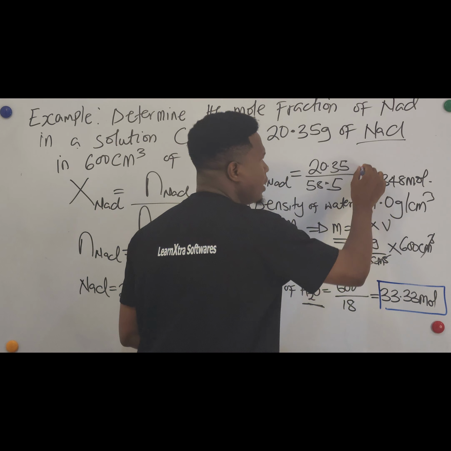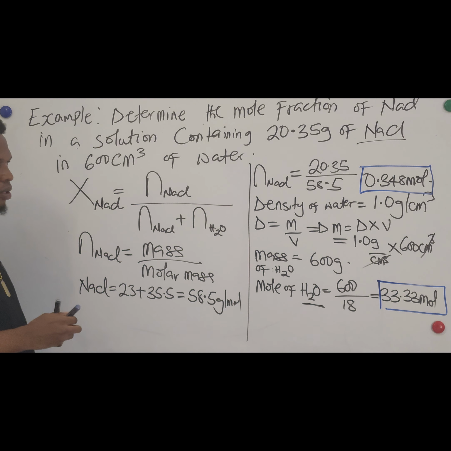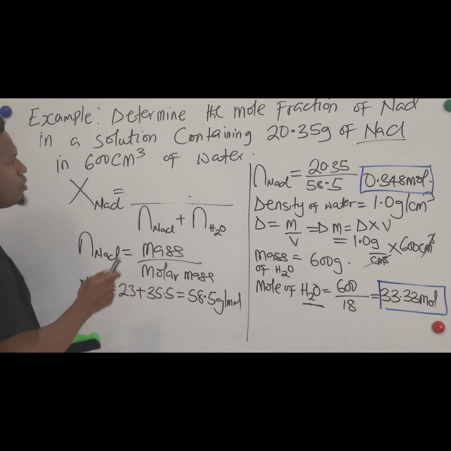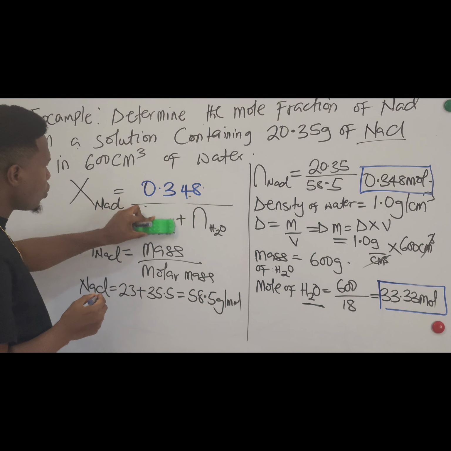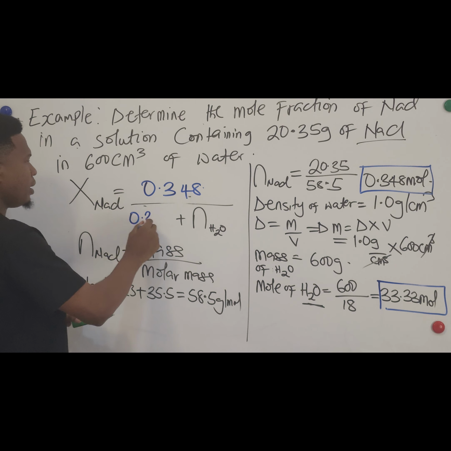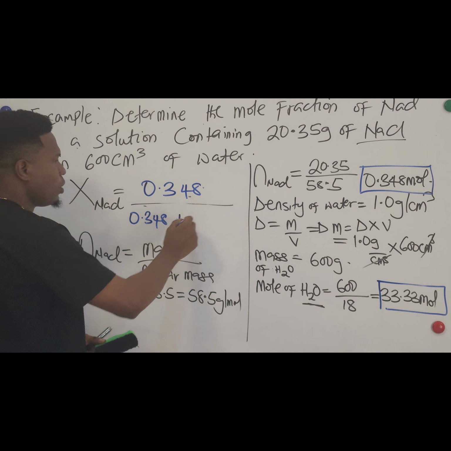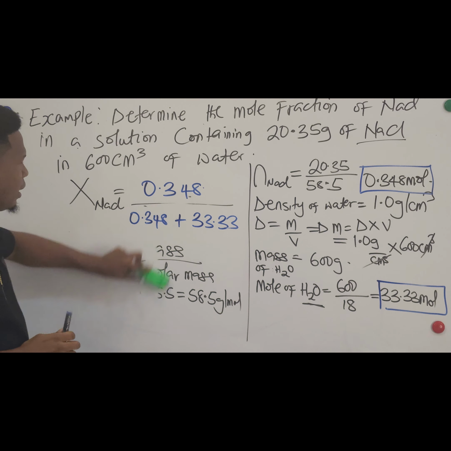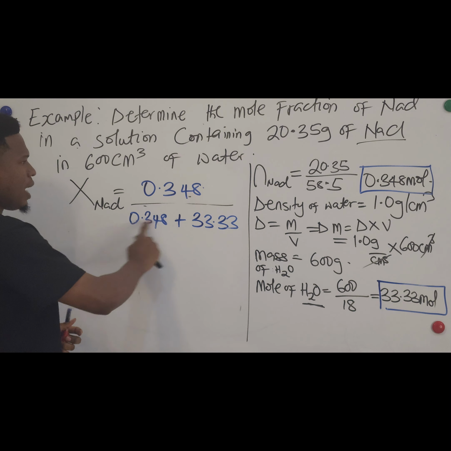So watch, we have gotten the two things we need. We can plug them into the expression. The value for sodium chloride is 0.348, and I repeat 0.348 in the denominator, then for water plus 33.33. I add these two and divide.